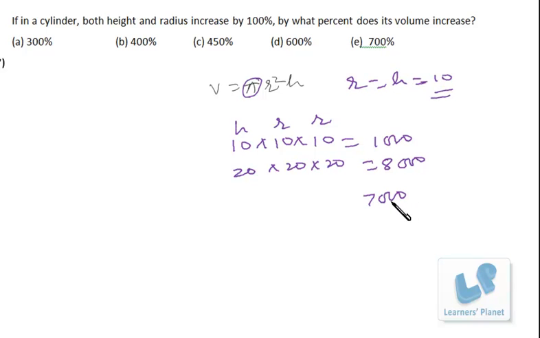So 7000 is the increase on 1000, so on 100 it will be 700. That means it is a 700% increase in the volume. After some practice you don't have to write this much information, you can just do it mentally. I hope you are clear.